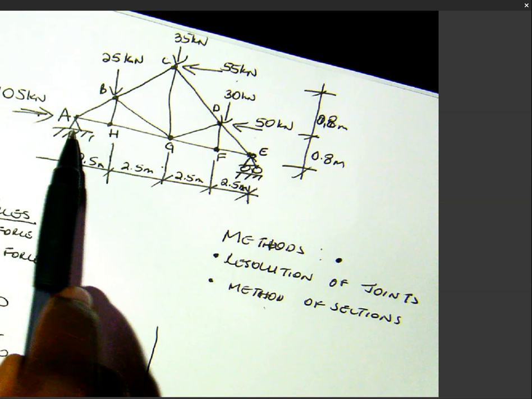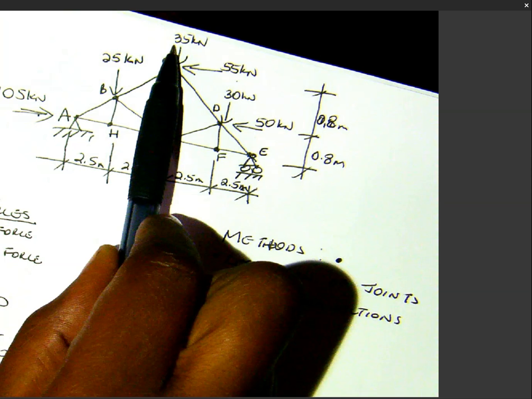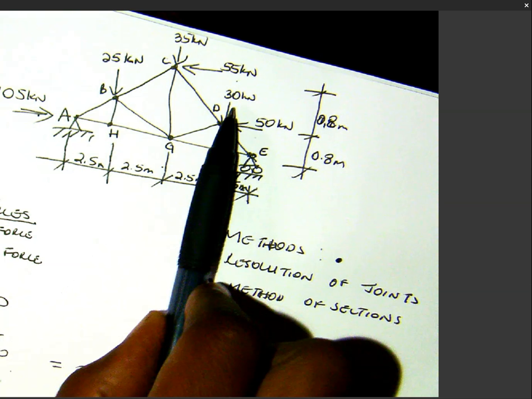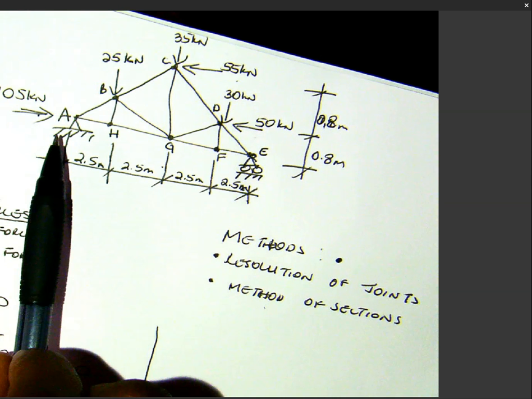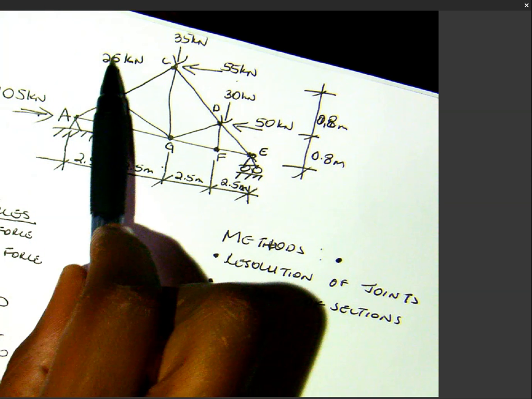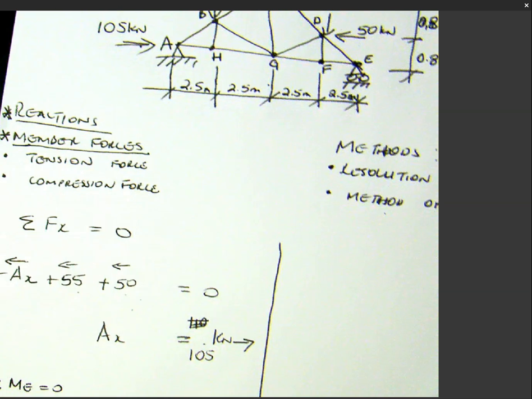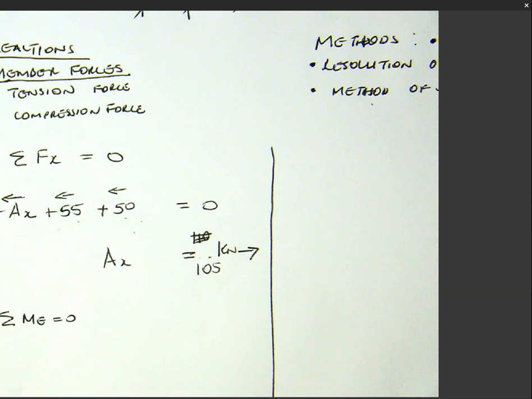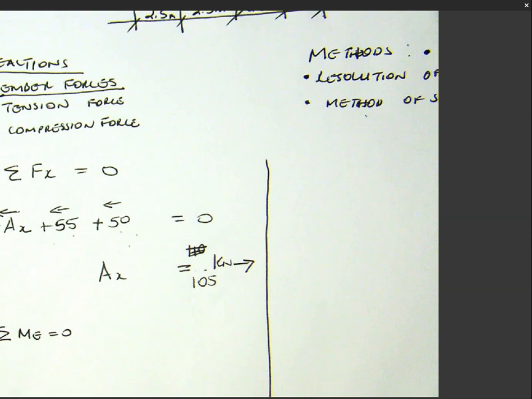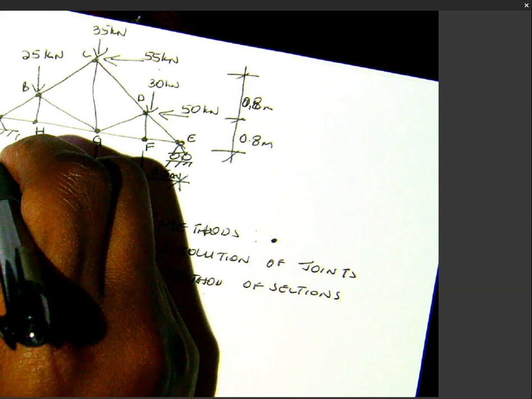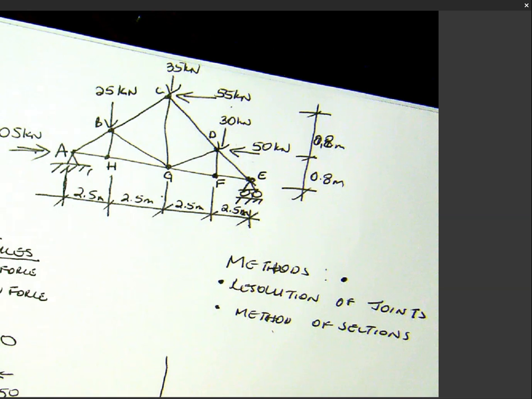This is my vertical, this is my vertical; those are forces applied in the vertical direction. So I'm going to have an equation AY plus EY minus these three equal to 0. That equation has two unknowns, which I won't be able to solve. That's why I go straight to the sum of moments at E. Now I'm going to assume that my AY is going up.